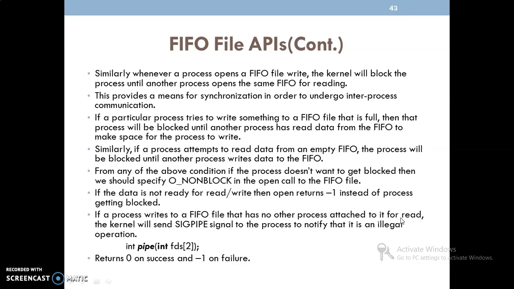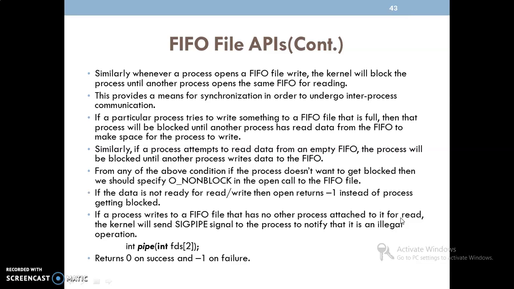If a particular process tries to write something to a FIFO file that is full, then that process will be blocked until another process has read data from the FIFO to make space for the process to write.